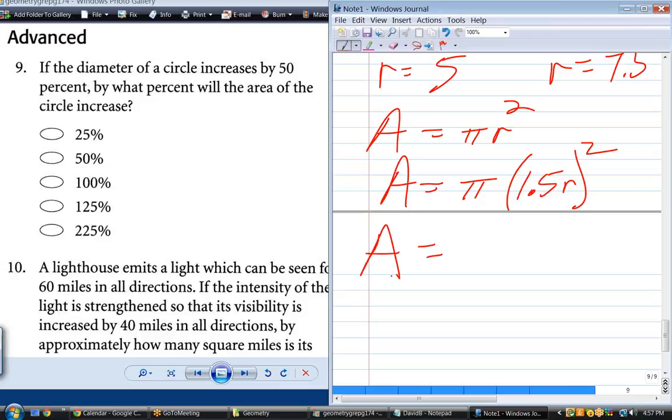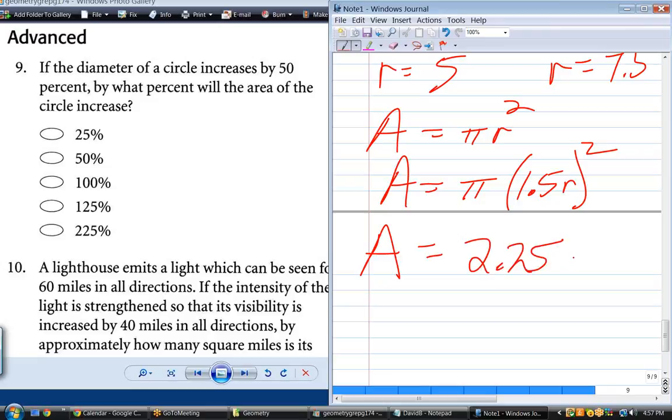So the area of the bigger circle is what? 1.5 squared. 15 squared is a good one to memorize. It's 225. So pi 225 r squared, and then you divide it by 2.25.